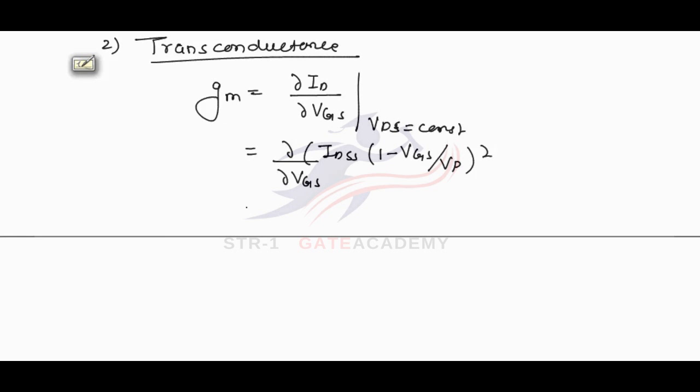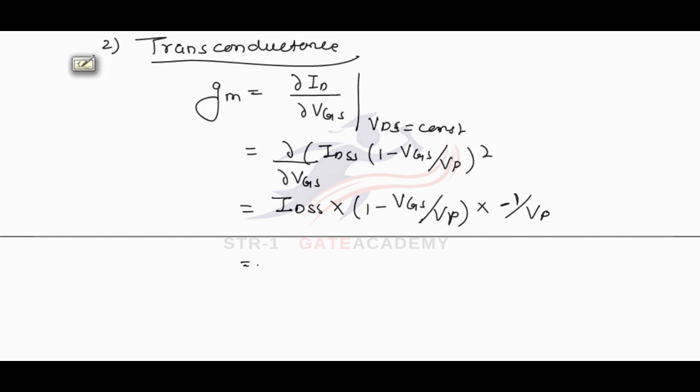Differentiating this with respect to VGS, we get GM equal to IDSS into 2 into (1 minus VGS upon VP) into (minus 1 upon VP). So transconductance GM will be equal to minus 2 IDSS upon VP into (1 minus VGS upon VP).